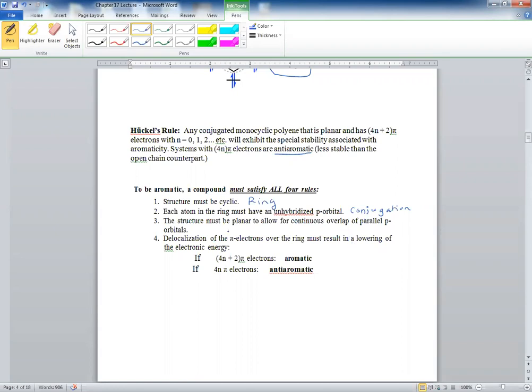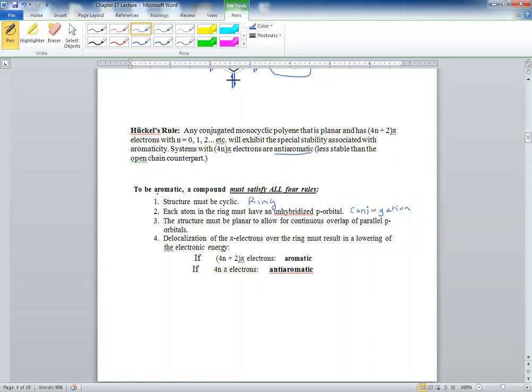And I usually help you with this so that you don't have to go through a lot to find out whether a ring is planar or not. And then finally, 4 is the delocalization of the pi electrons over the ring must result in a lowering of the electronic energy.